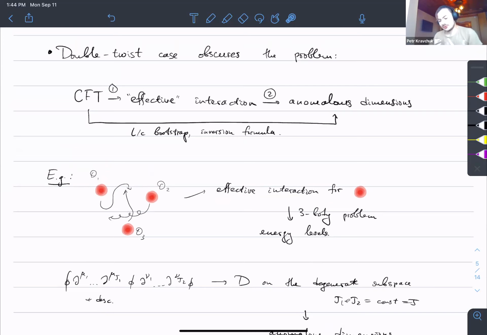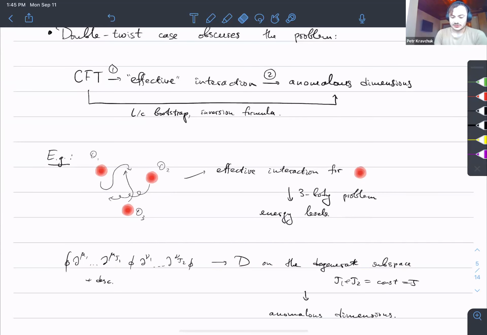Now, when you have, say, triple twist operators, so you have 3 of these blobs, you cannot trust your approximations just because you have large spin, because large spin means that some distance is large between these 3 blobs, but the other, say maybe O3 is far away, but O1 and O2 can be very close. So when deriving this effective interaction, you also have to consider the kind of states you want to evaluate this interaction in.